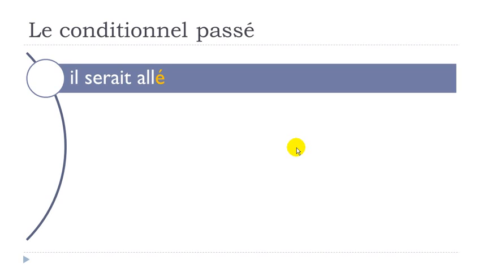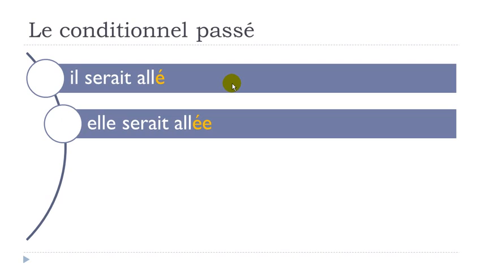But if you use être, like here, il serait allé, okay? So remember, aller was belonging to this group of verbs that require être to construct this conditionnel passé, all right? Il serait allé. So in that case, you can see that at the end, it's allé like that without anything after.